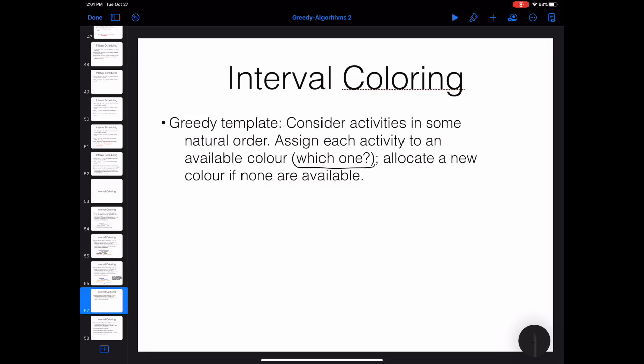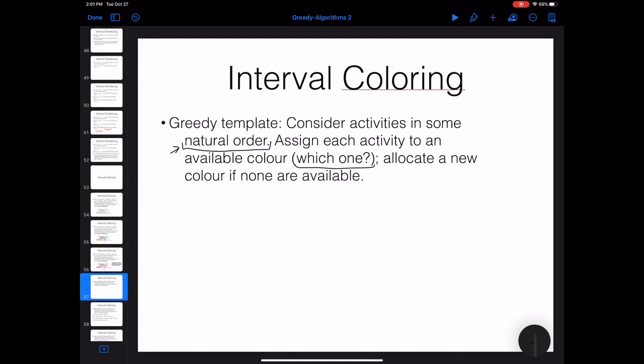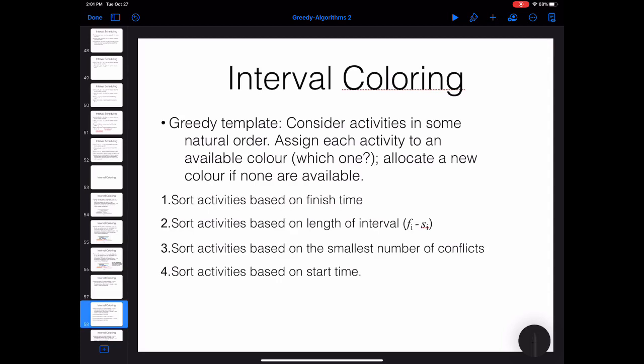Let's just assume that we know how to find the next available color at each step. So the main question for me is how we are going to find that order. This is going to be that greedy strategy that tells me that if I order the jobs based on this specific order, I can just each time take one job, give it the next available color, and just schedule it at that classroom or color.